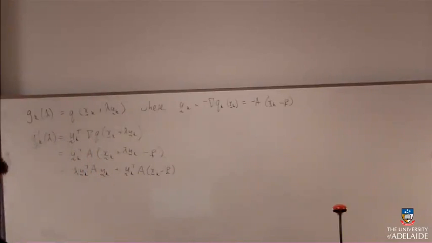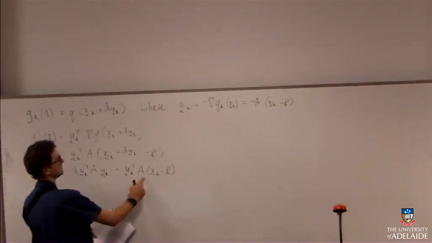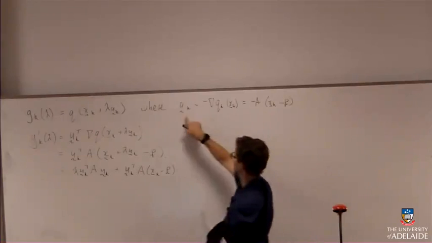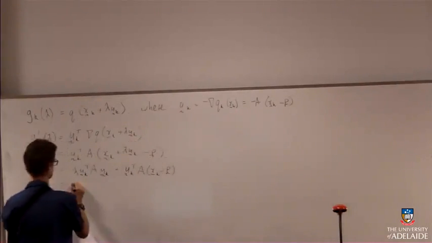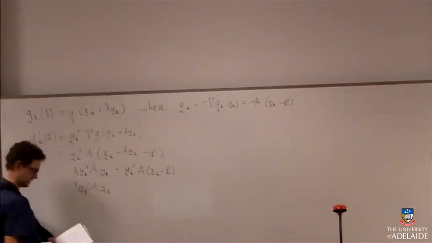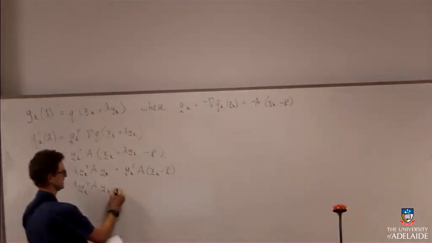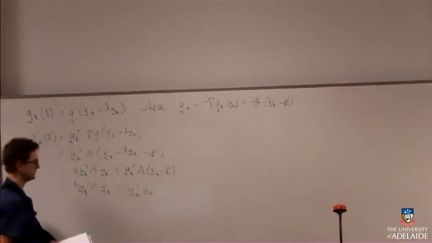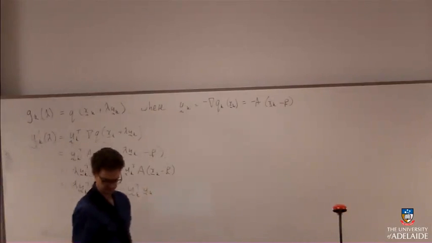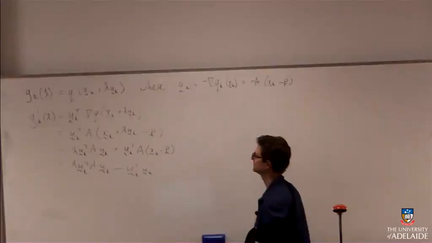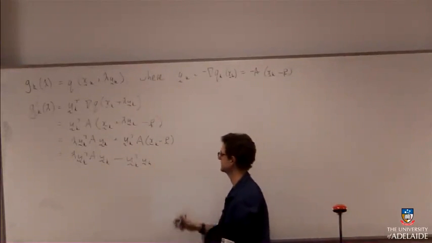I pulled that term out because it looks interesting. And actually, the thing that's left here, a times xk minus p, that's equal to negative uk. So let's not touch that first term there. And this turns out to be uk transpose times uk. So that's the derivative of this function with respect to lambda.